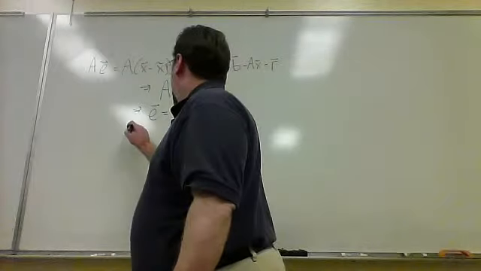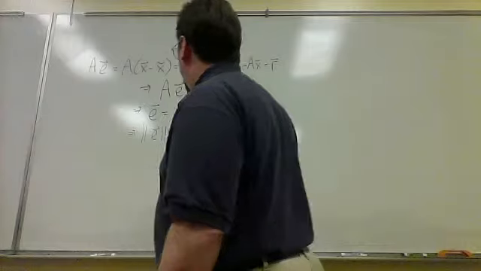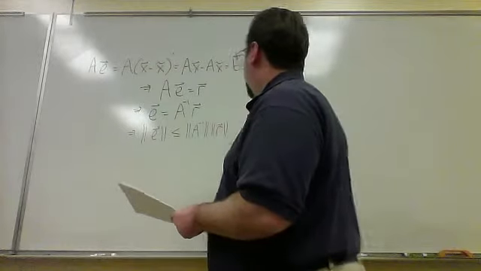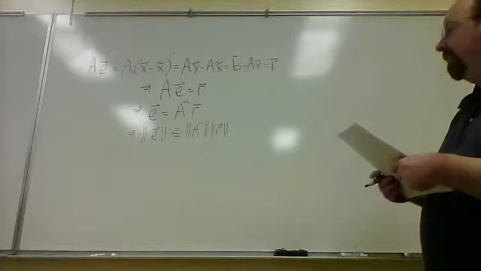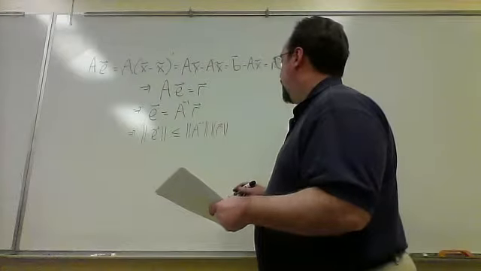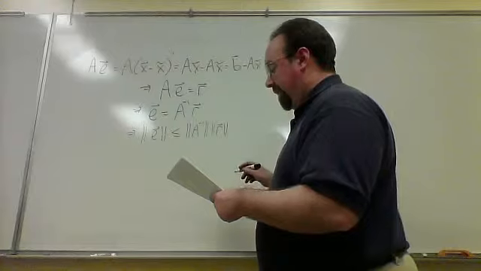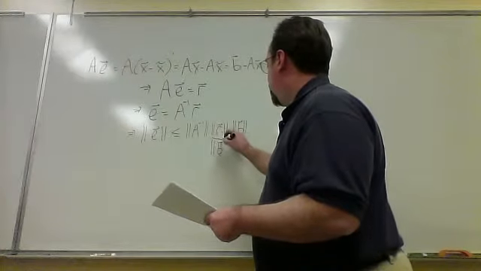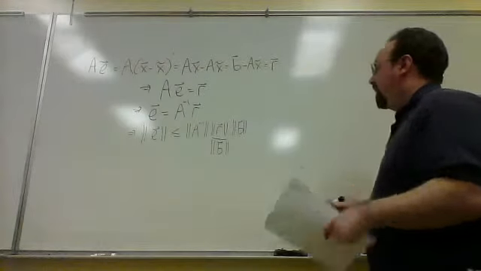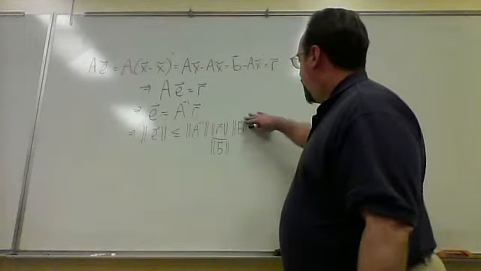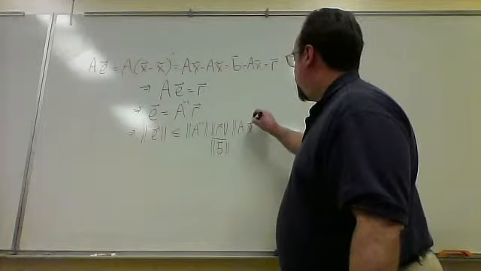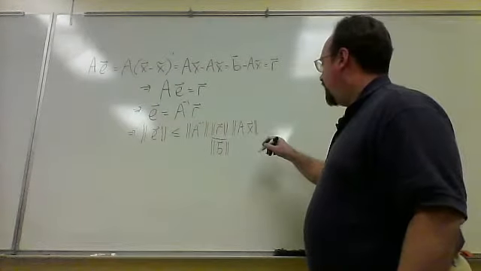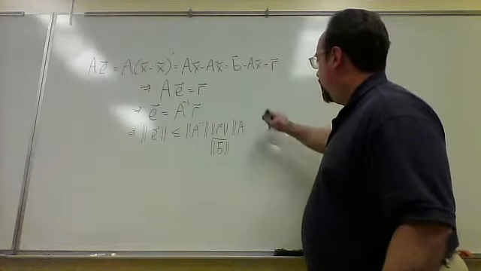So I'll go ahead and take the norm of both sides. So the norm of E is less than or equal to the norm of A inverse times the norm of R. And then what I'll do is multiply and divide by the norm of B. Now, this B up top, I can replace with A X. But the norm of A X is less than or equal to the norm of A times the norm of X. So I can split this up into two norms.